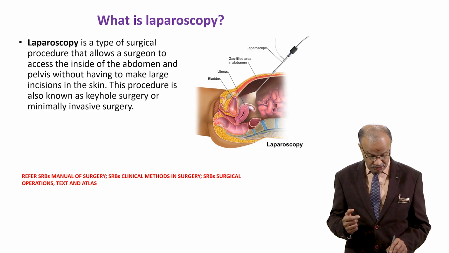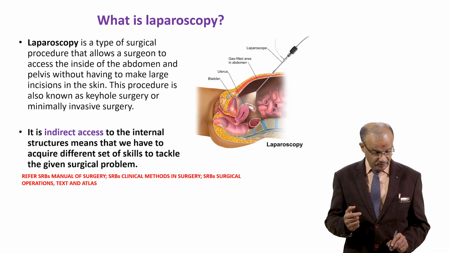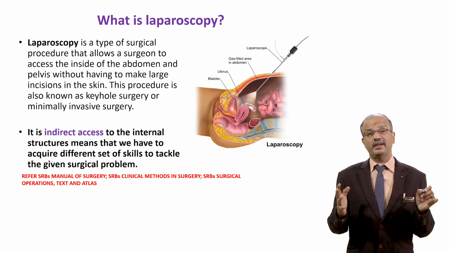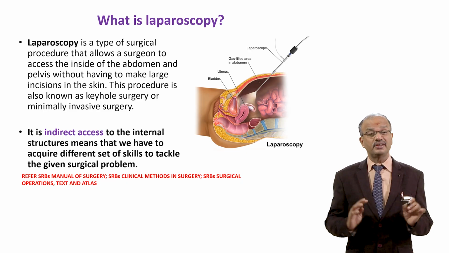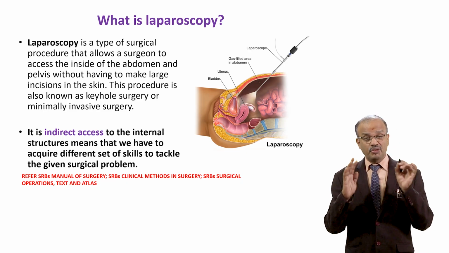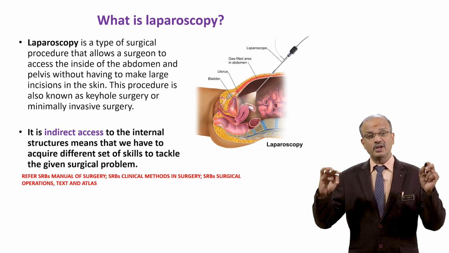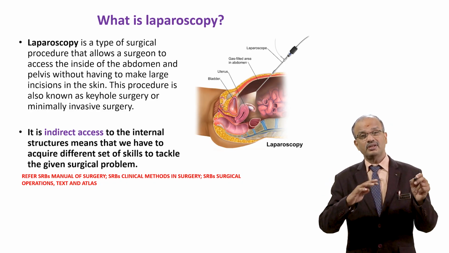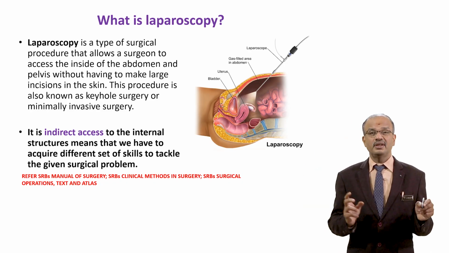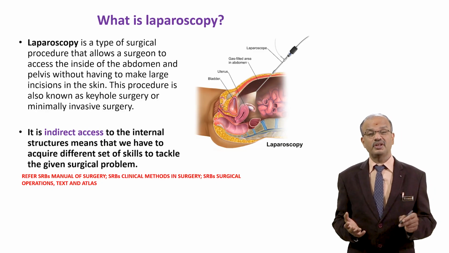That is the meaning of laparoscope. Laparo is abdomen, scope is visualization. So it's indirect access, not direct. We are going to visualize through the laparoscope, not directly. There is no direct visualization. Indirect, through a high definition camera, light source, and monitor like a TV monitor, you visualize everything.